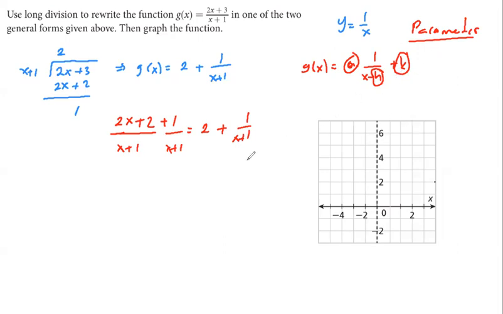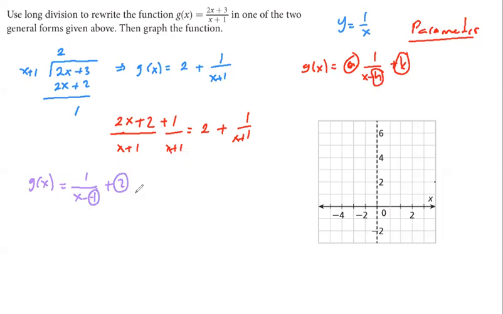So why is this important? Because we are going to use these and see how they affect our graph. Our function is 2 plus 1 over x plus 1, so I'm going to rewrite this a bit differently. g of x is equal to, instead of writing 2 first, I'm going to write it after: 1 over (x minus negative 1) plus 2, because I like to get my h value, which is just negative 1, and my k is 2.